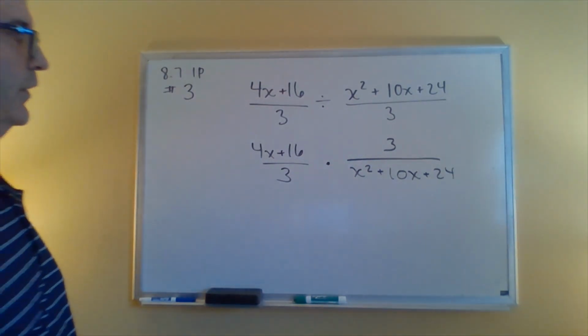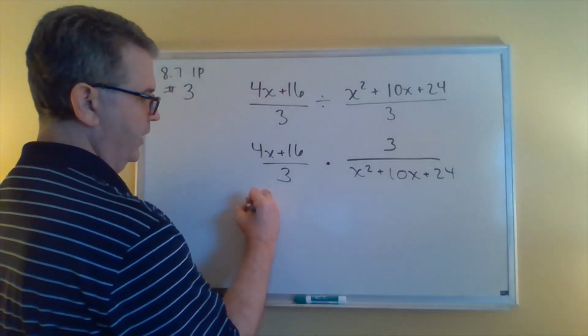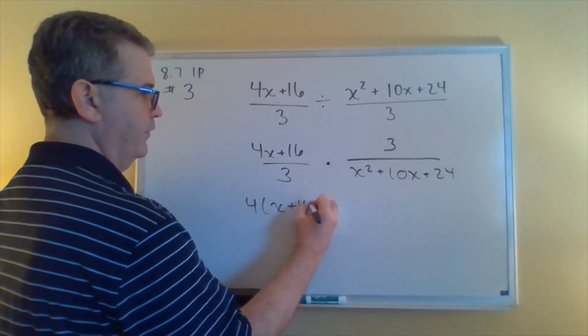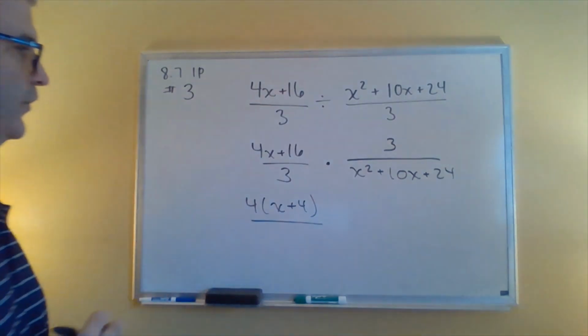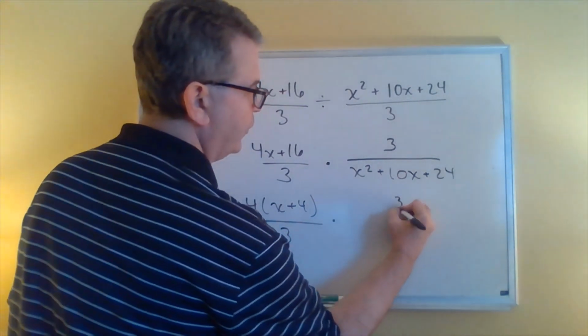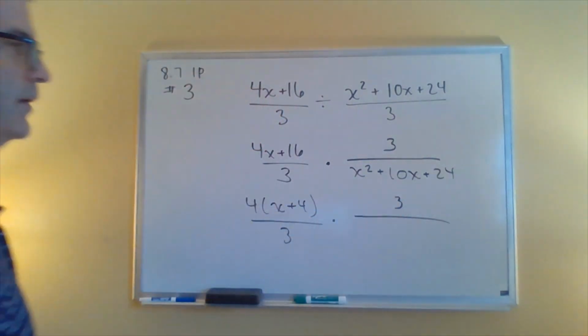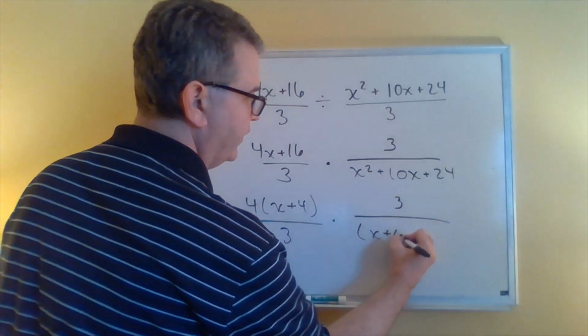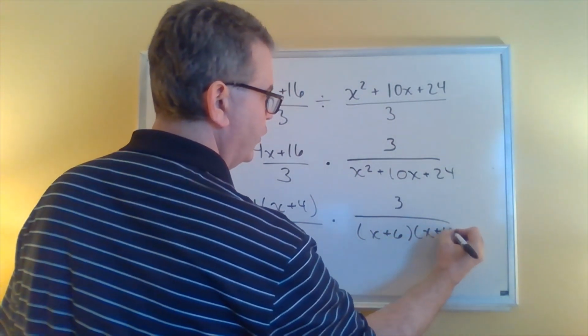Now let's factor everything. We're going to factor a 4 out of our numerator here. We factor 4 out, we get 4 times x plus 4, over 3. We're going to multiply that by 3 over, we need to factor this trinomial here. Looks like that'll be x plus 6 times x plus 4.